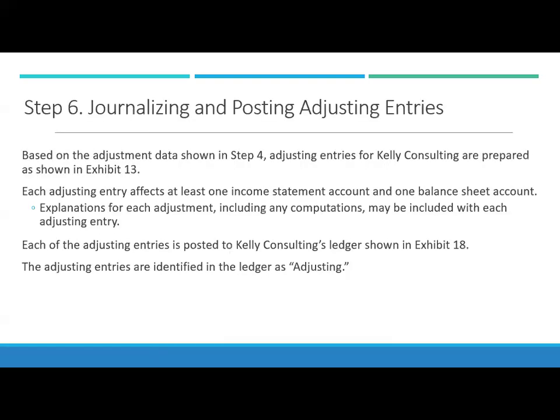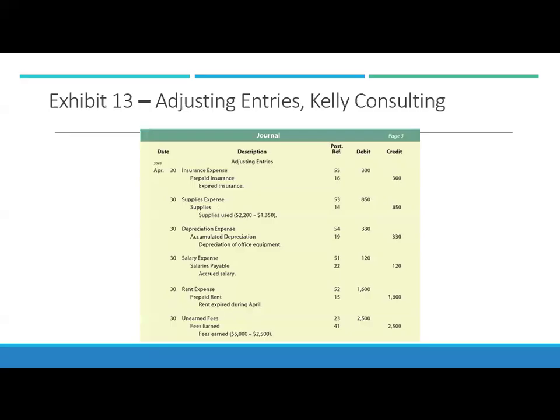And then we journalize and post all of these adjusting entries to the general journal and then the T accounts, and they all impact at least one income statement and one balance sheet account. And so then these are all of the transactions that we have. Supplies expense, right?